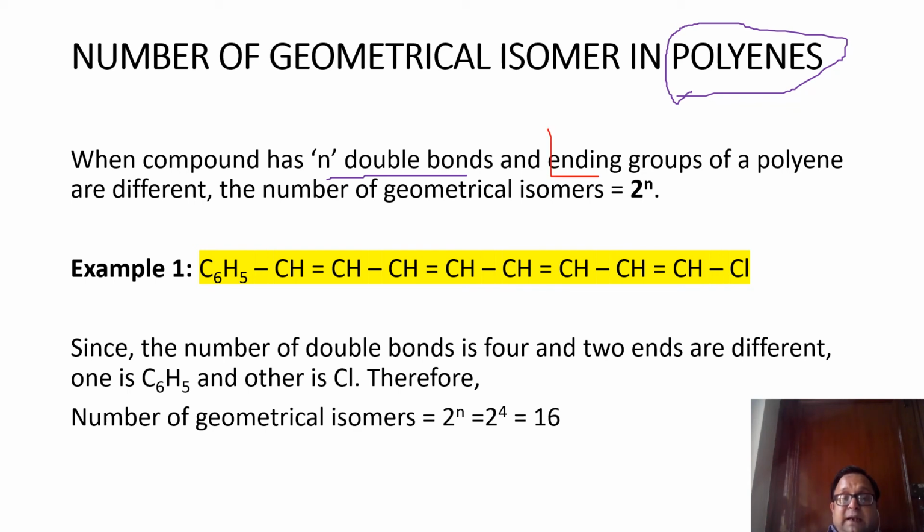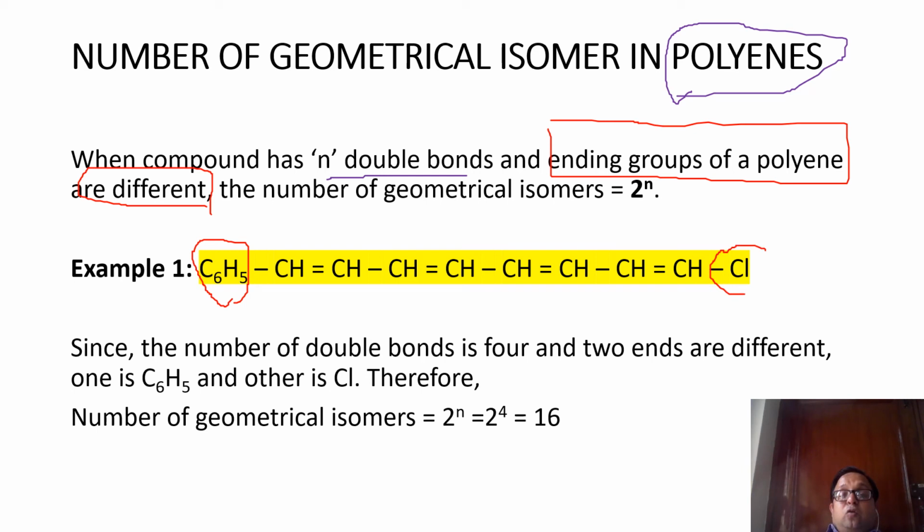If both the groups are ending with different groups, like here it is ending with the phenyl and here it is ending with the chloro, so both the ending groups are different, then the number of isomers will be 2 to the power n. Here the number of double bonds is 1, 2, 3, 4, so the number of isomers will be 2 to the power 4, which means it will have 16 isomers.